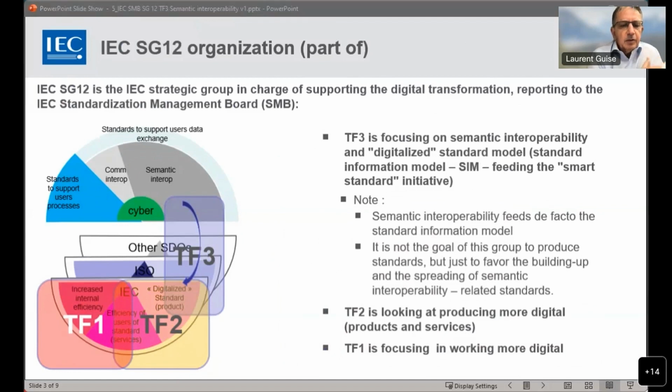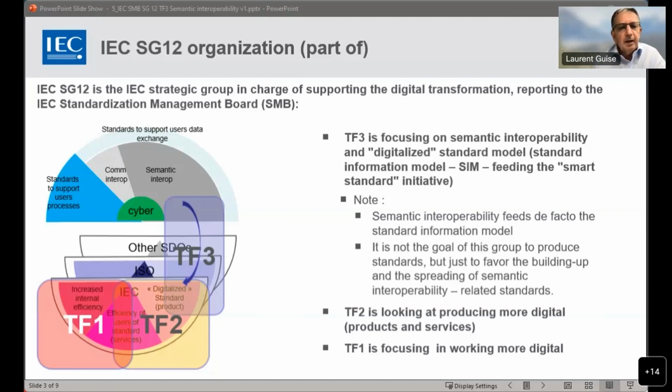So currently, I'm just highlighting here 3 task forces of this strategic group. Task Force 1 is mostly working on improving the internal efficiency of the standardization body of IEC thanks to digital means. Task Force 2 is focusing on the transposition of the deliverables of IEC into digital products and services.